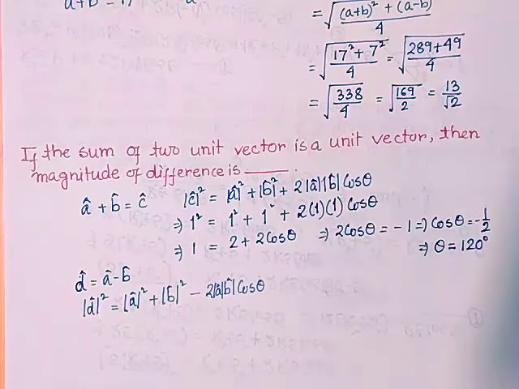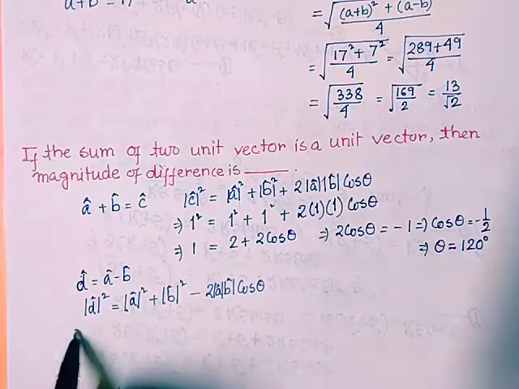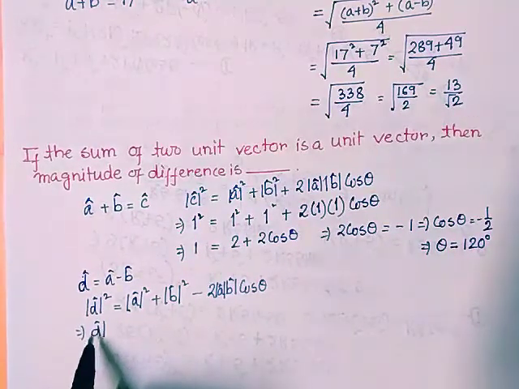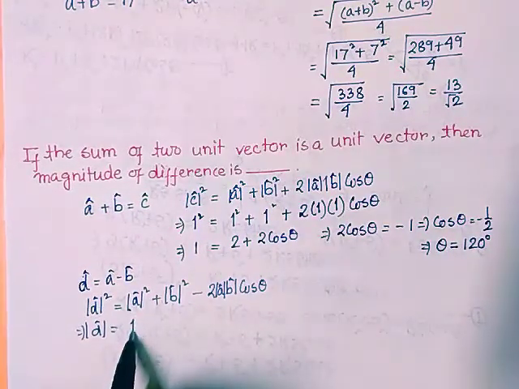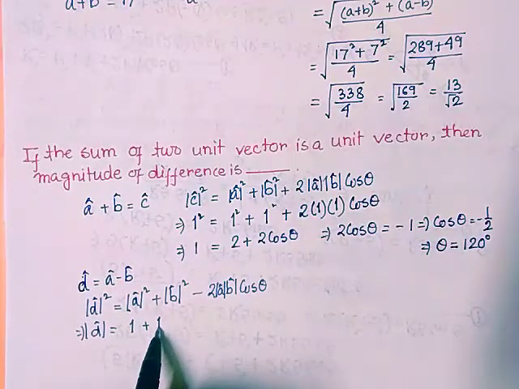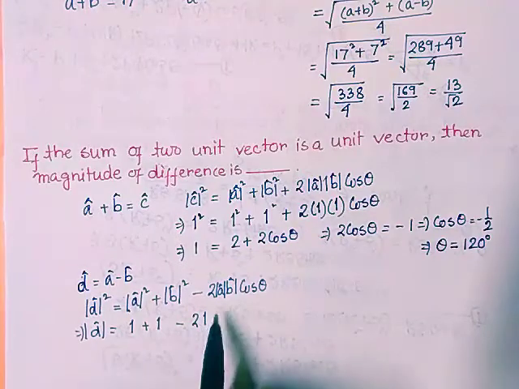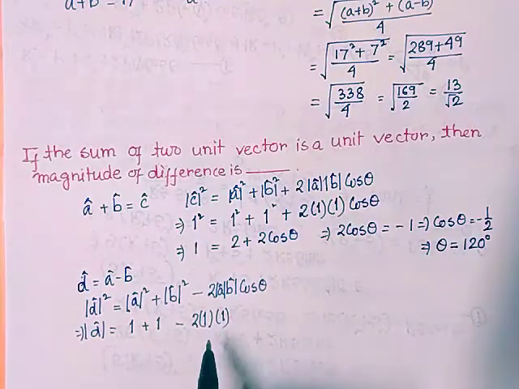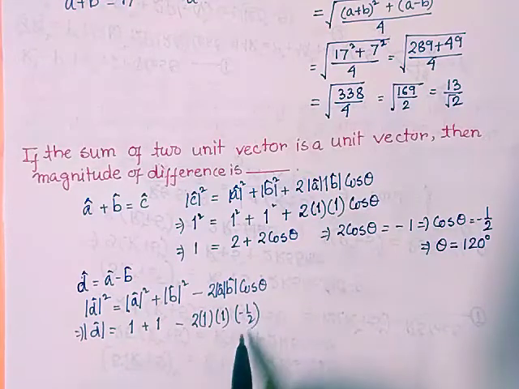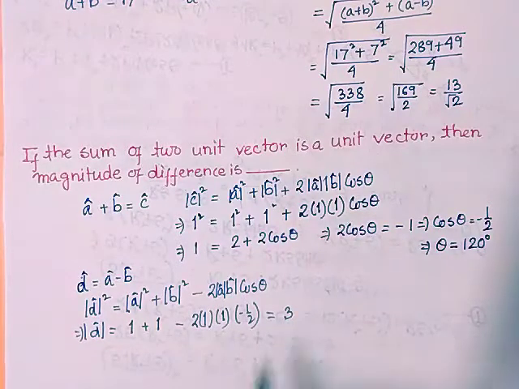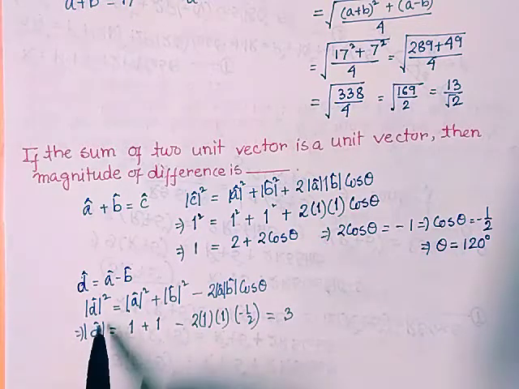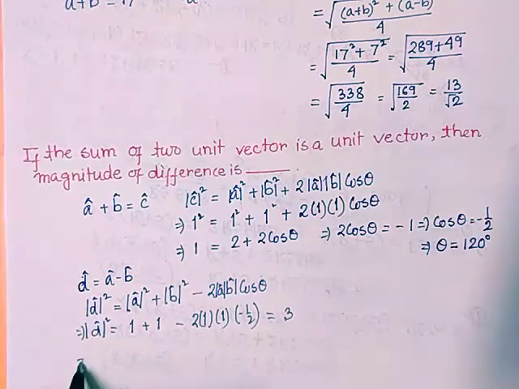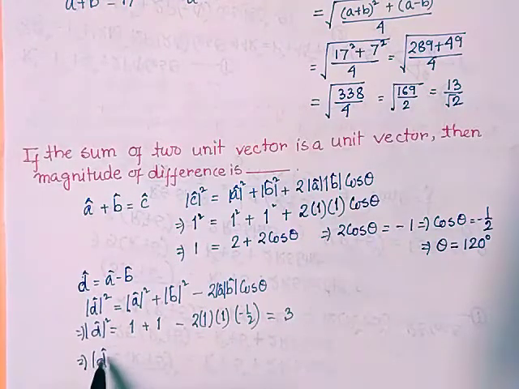So if I put the values of this, 1 square becomes 1, it is 1, it is 2 into 1 into 1, cos theta is minus half, so the 2 cancels out, there is 1, so it will become 3. Sorry, it is d square, so not 3. So basically the magnitude of the difference is root over of 3.